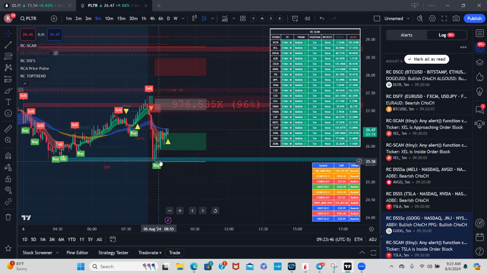The stock came to the bottom, to the strong support. PLTR also has a lot of military contracts. It is also coming up with AI and other things. It reported good earnings. So even if it comes to 25.4, right, even if the stock gets assigned, again it can move to 28 or 29.